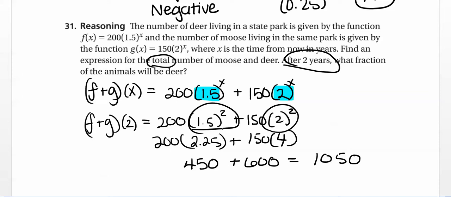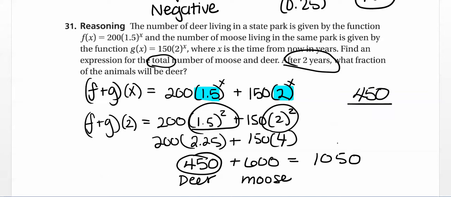The question is, what fraction of the animals will be deer? Well, deer was f of x. So deer is 450. That's deer. This was moose. So we're looking at 450 out of the total, which is 1,050. So we can reduce this. We can divide by 10.